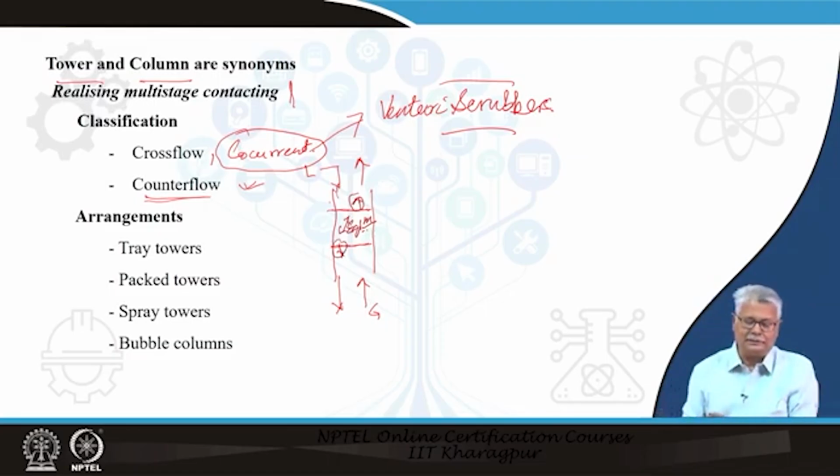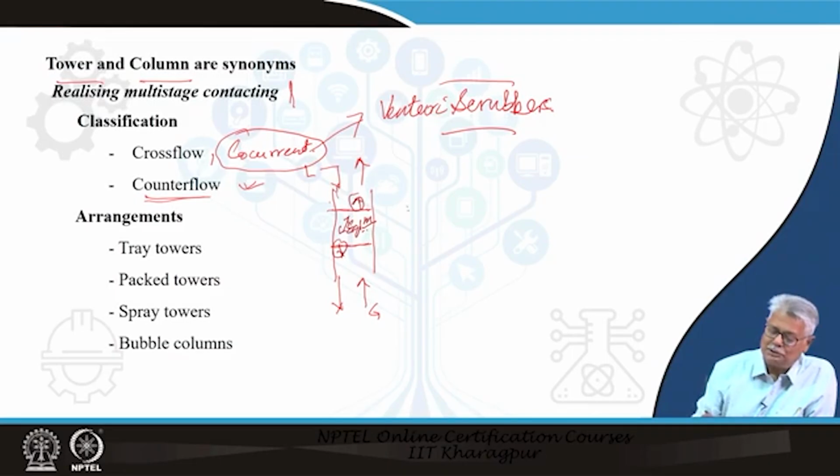So, what we do now is basically talk about how to implement these in real life. We are talking about tray towers. Often in your mass transfer class you have drawn the tray tower like this.